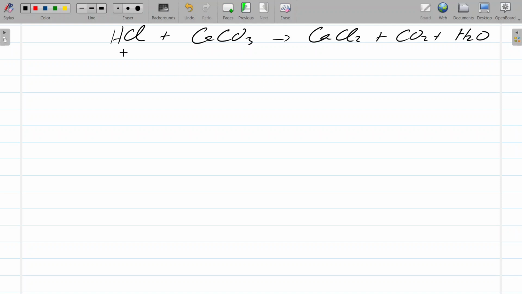To balance this out, you just need this over here. This is aqueous, this is solid, and the calcium chloride is also aqueous. This is a gas, and this is a liquid.